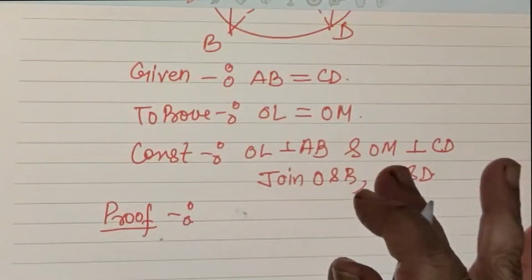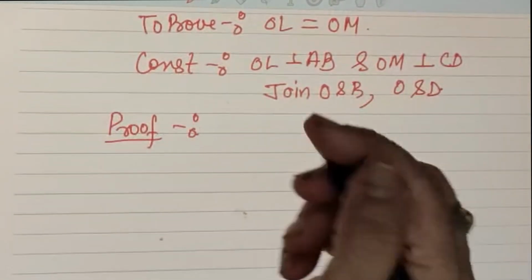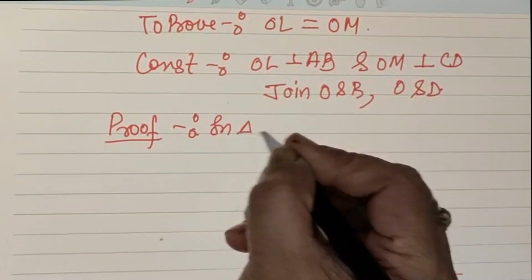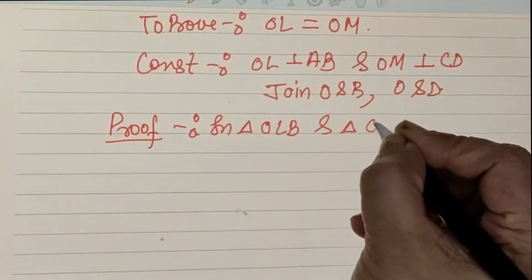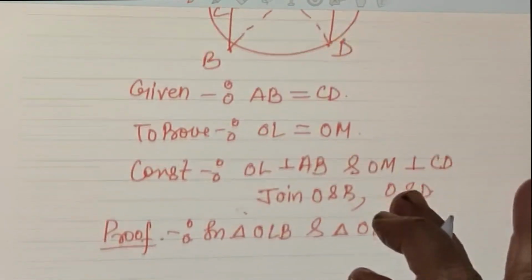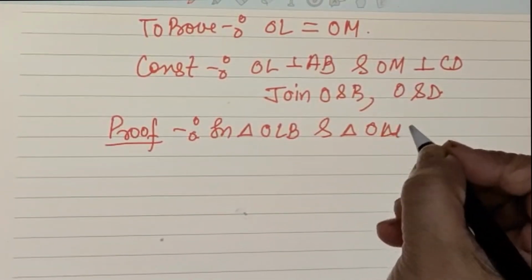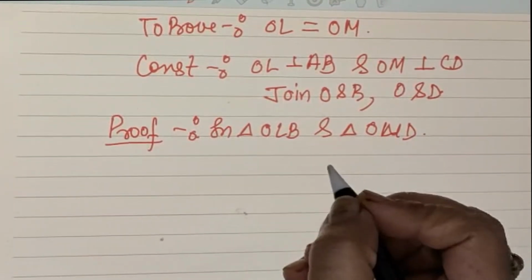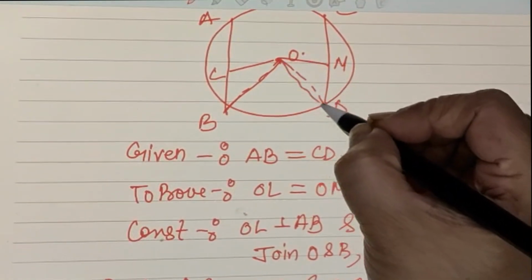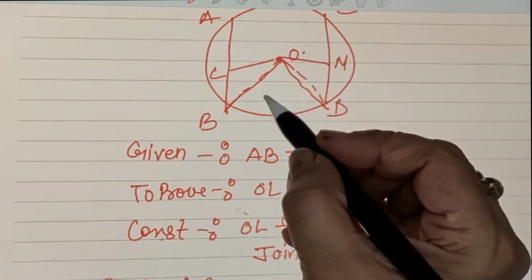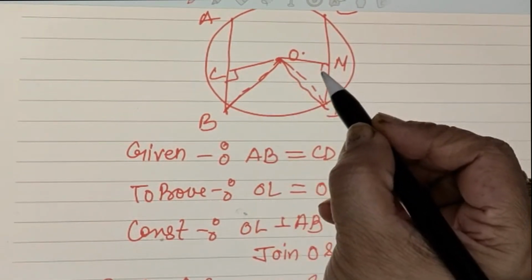Now, proof. Which triangles should I take? In triangle OLB and triangle OMD. Now, in these triangles, if you have seen, OB and OD are the radii of the circle and this angle is 90 degrees.